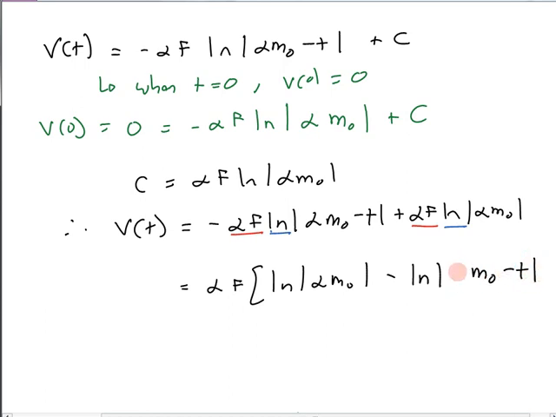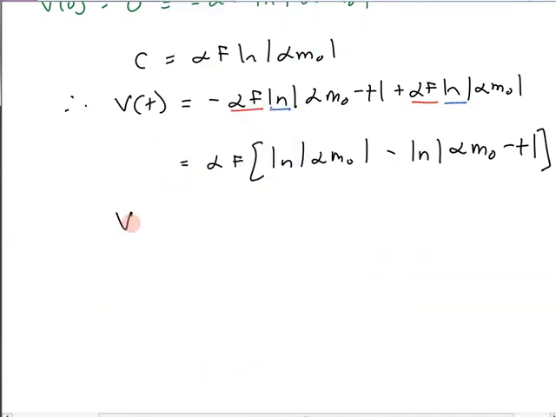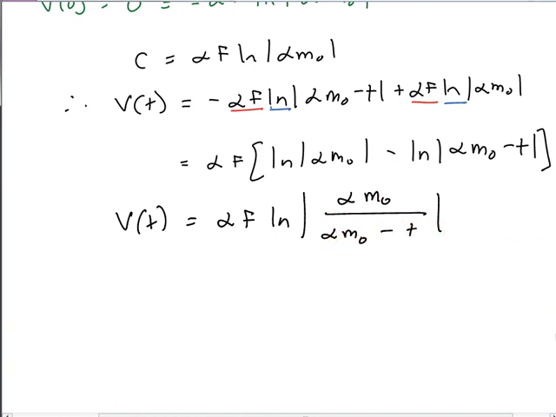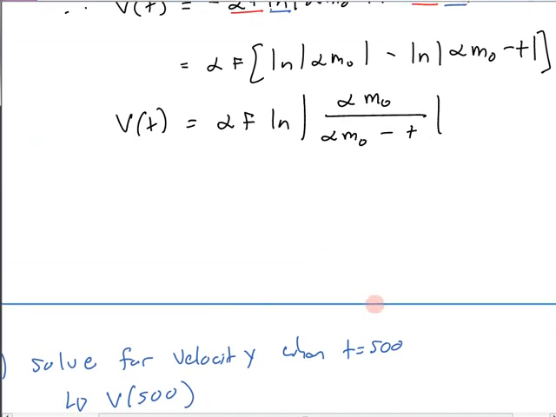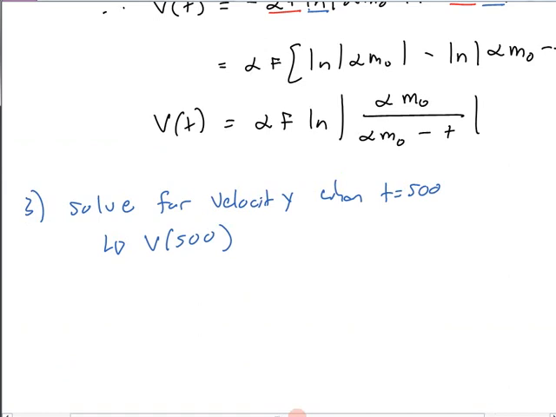My alphas keep looking like 2's. Okay. Now that we have a subtraction of logs, we can take advantage of log laws as well. And we can say that velocity with respect to time then is alpha f times the natural log of alpha m naught over alpha m naught take t.